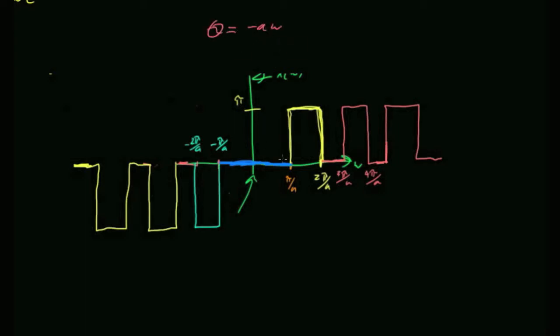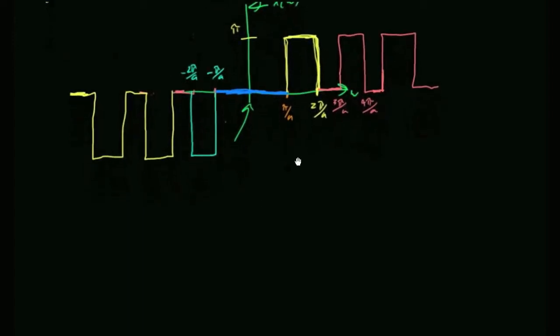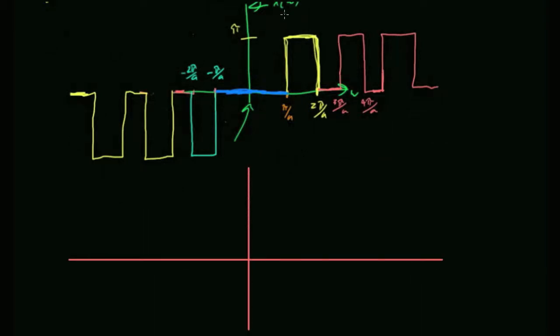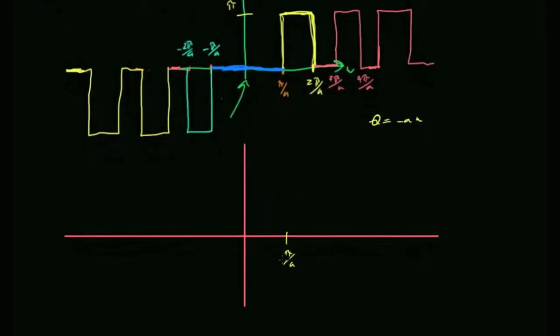All right, let me see if I can hit some of these points. I know my points of interest are pi over a, 2 pi over a, 3 pi over a, and so on. So at omega equals pi over a, what's my phase angle going to be? If I take omega equals pi over a and sub it in here for omega, it'll be negative pi. Okay, so there's negative pi, 2 pi, 3 pi.